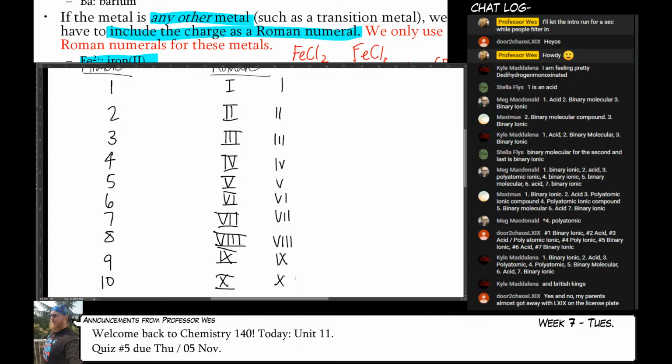It's just that if you put the bars, people will know those are Roman numerals for sure. Whereas if you just put this guy up here, people might be like, oh, what's this 1? Because not everybody writes a 1 like this.